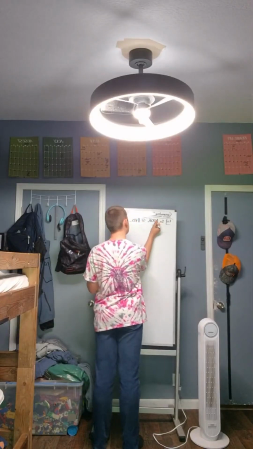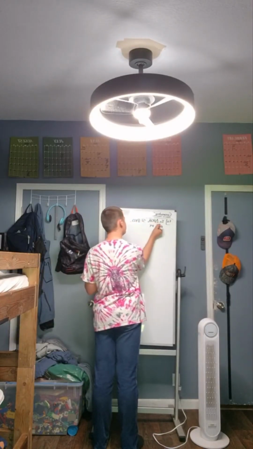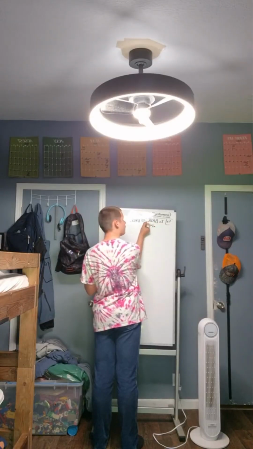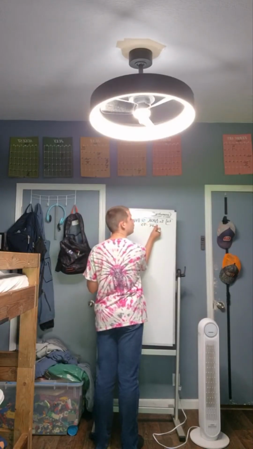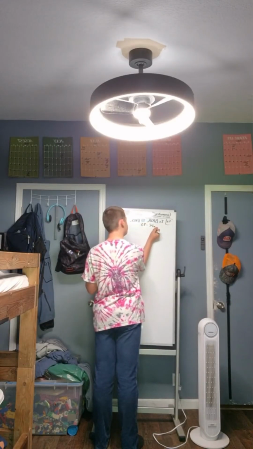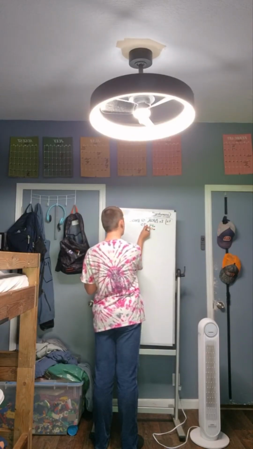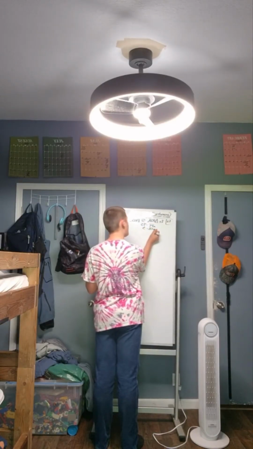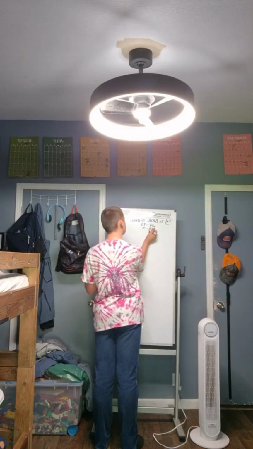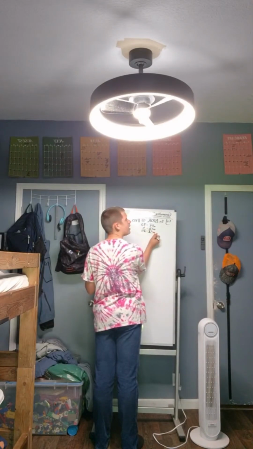If PT is equal to 7.5, TQ is equal to 3 and SR is equal to 2.5, find PS.